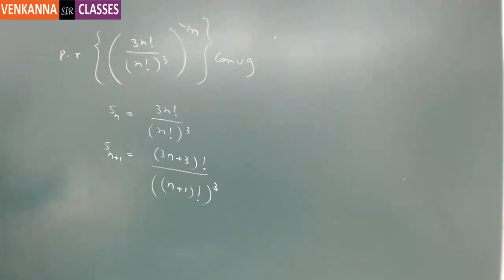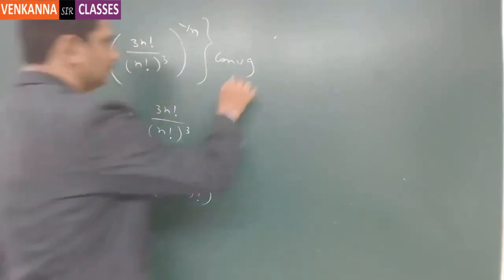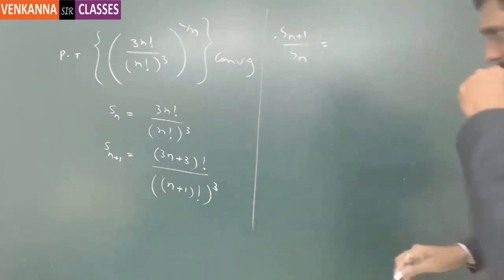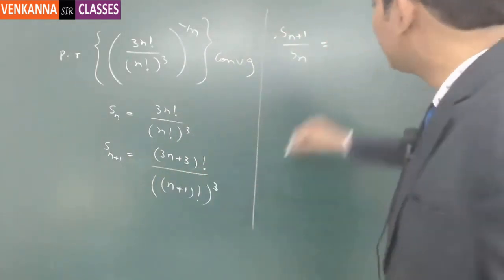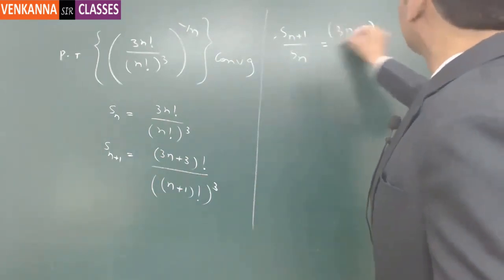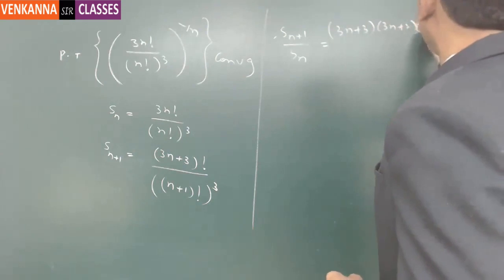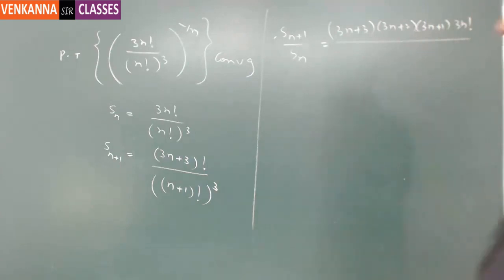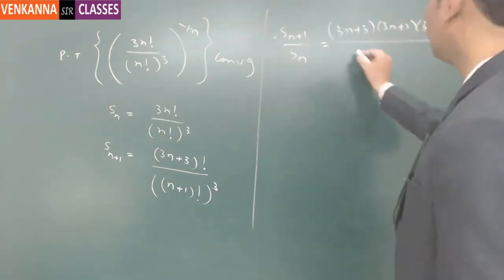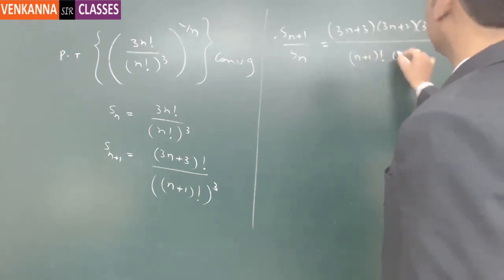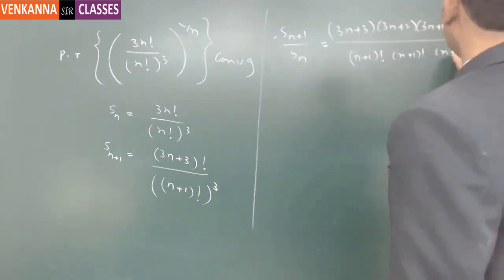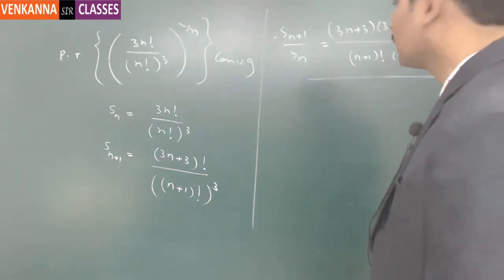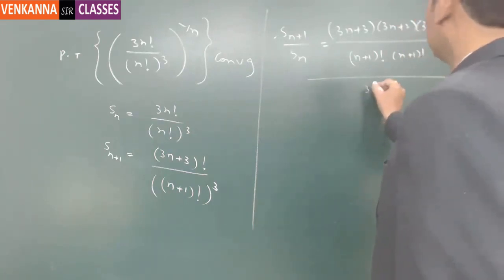Now let us calculate the ratio as it is. If you write this value, 3n plus 3 factorial, so 3n plus 3 into 3n plus 2 into 3n plus 1 into 3n factorial whole divided by n plus 1 factorial whole cube. You can just write like this. Whole by, this is Sn, so 3n factorial.